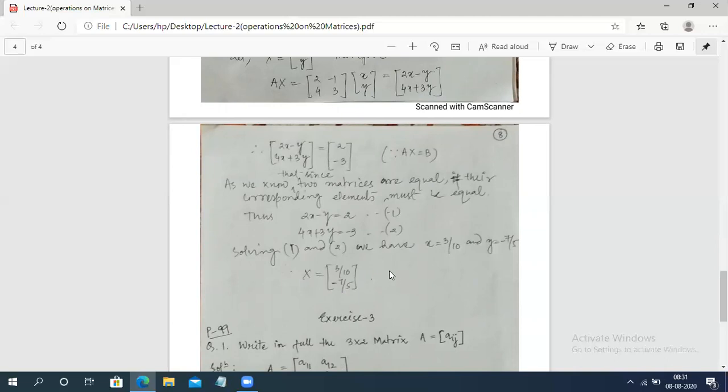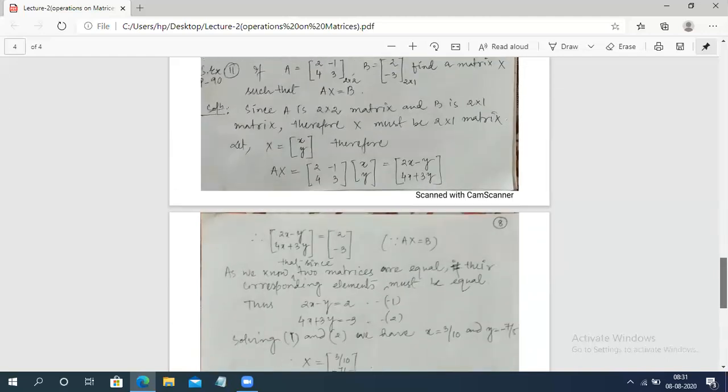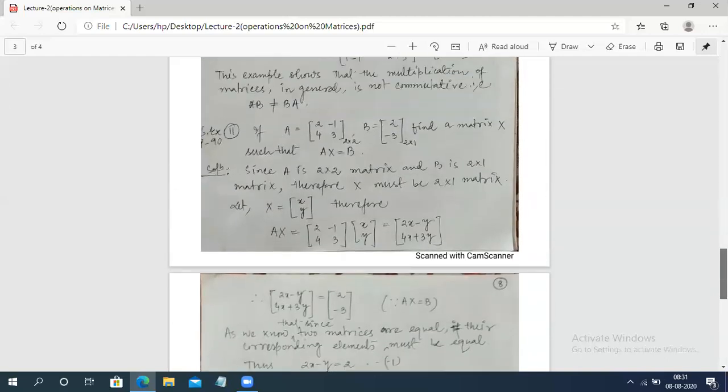Okay. This way we can solve any question by using the properties of matrix addition, multiplication, or scalar multiplication. In the next lecture, we will discuss some examples, or the questions of your exercise 3, which is given on page number 99 in your textbook.